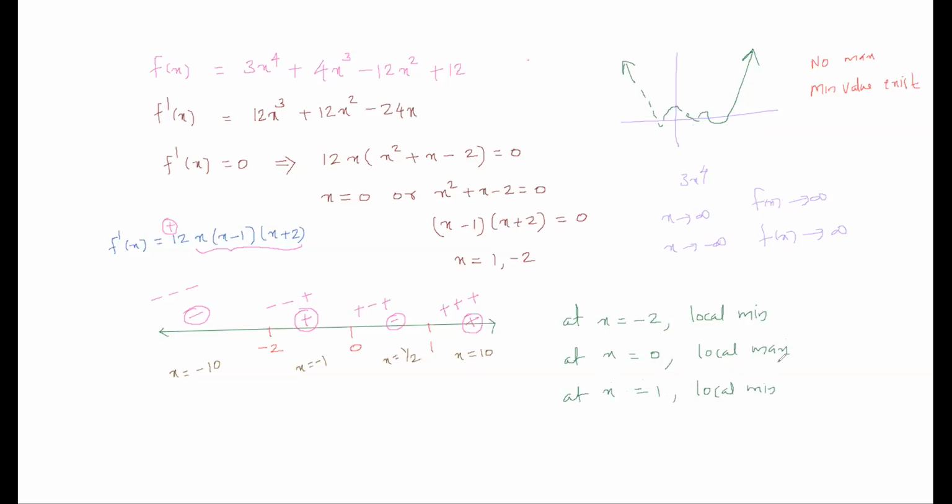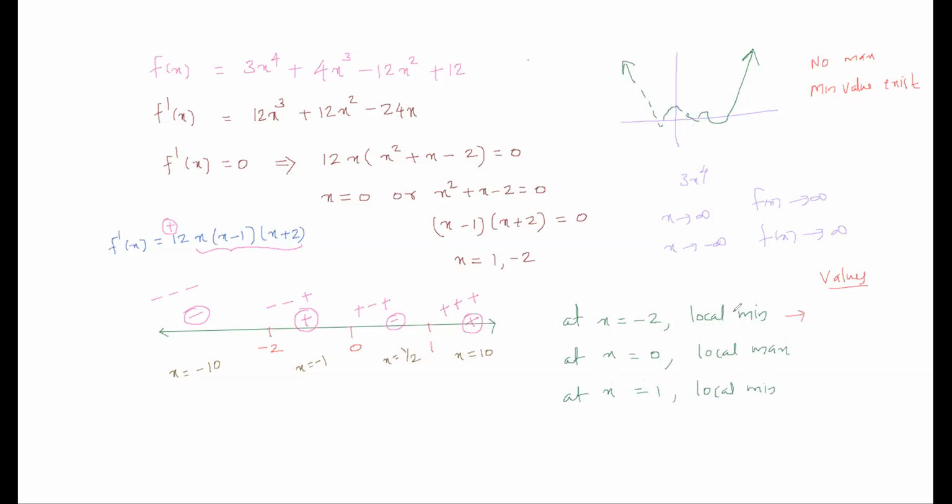And if you want the minimum value or maximum value, just substitute and find it out. So the local minimum value: you have to put x is equal to -2.